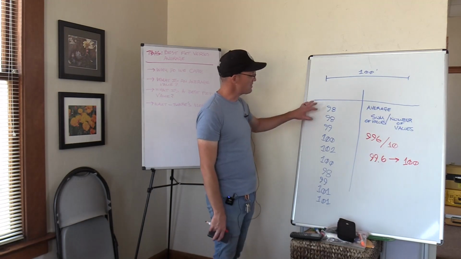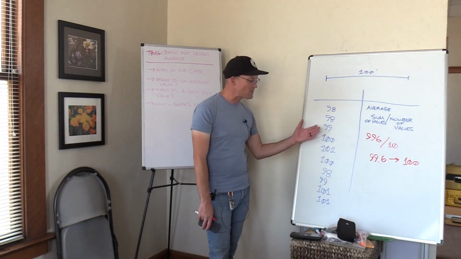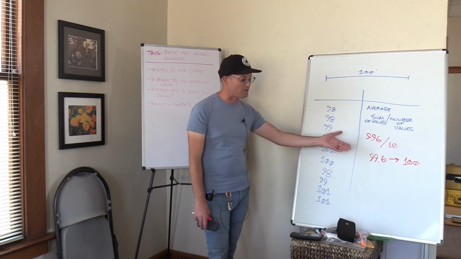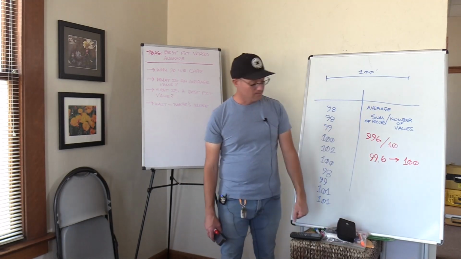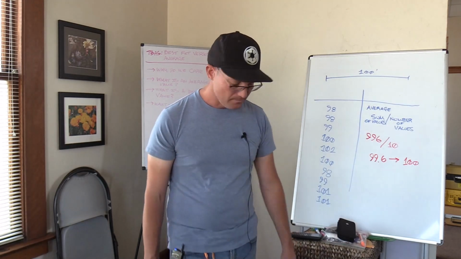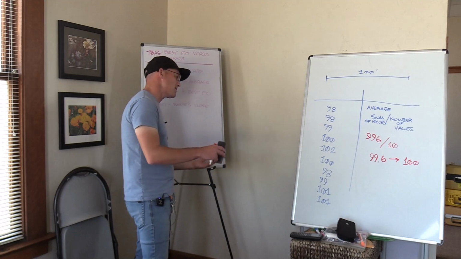Okay, now for this kind of distribution, the average works really well, and the best fit value is going to be very close or exactly the same as the average. Okay, so let's talk about a best fit value. What is a best fit value?